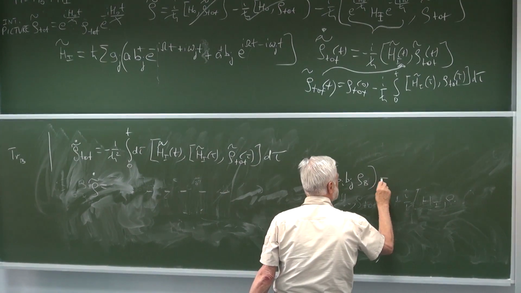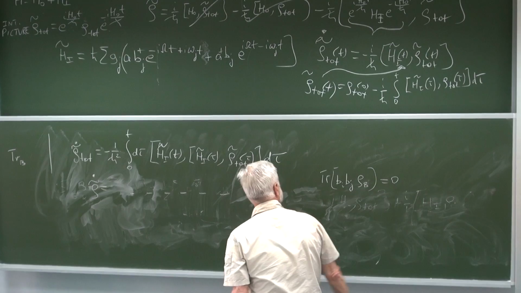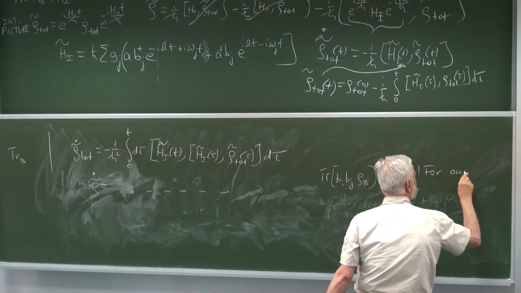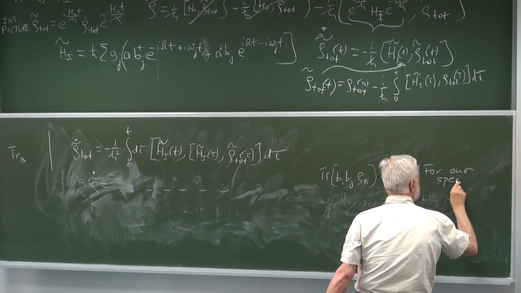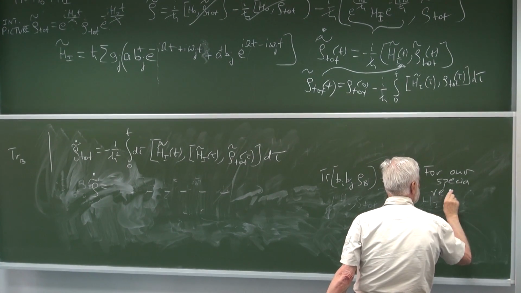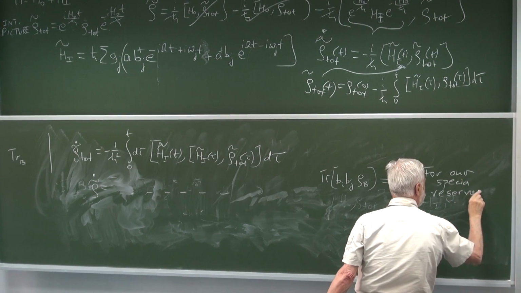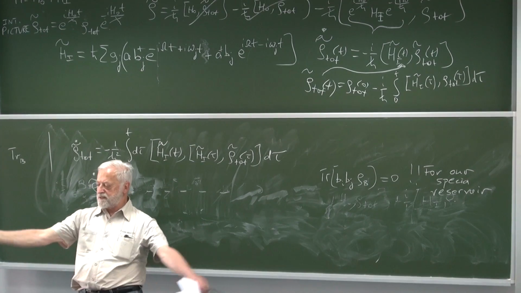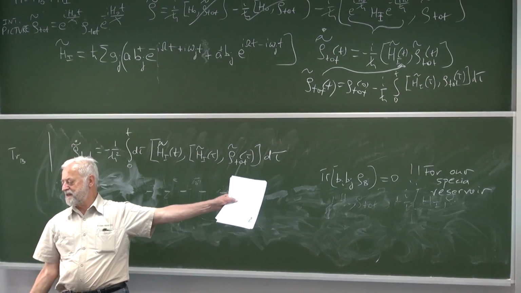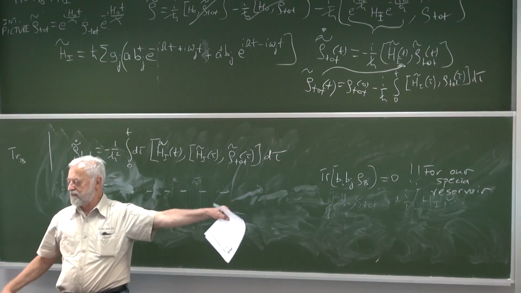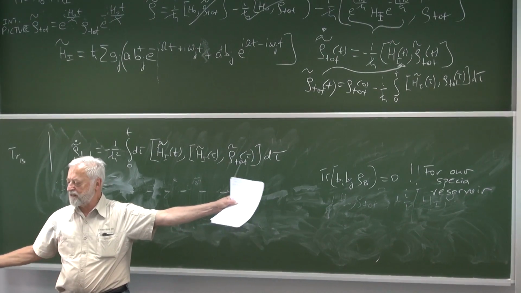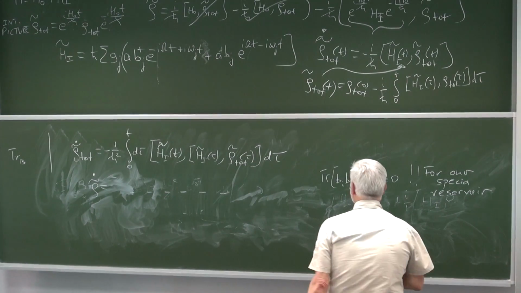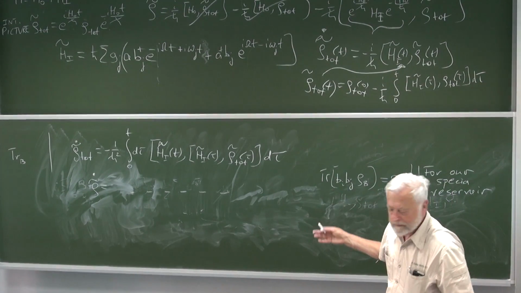So this is your note for our special reservoir. Often in literature you could find more extensive study in which this is not 0 and this is somehow elaborated because the state of the bath of the reservoir is different. Fortunately for us it is simpler.